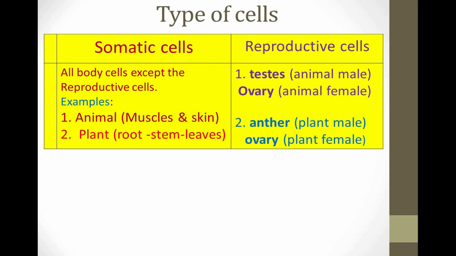Also in plants, cells of the root, stem, leaves, and so on are called somatic cells. But the other type of cells is reproductive cells, such as testes in male animals, ovary in female animals, and also anther in male plants and ovary in female plants.